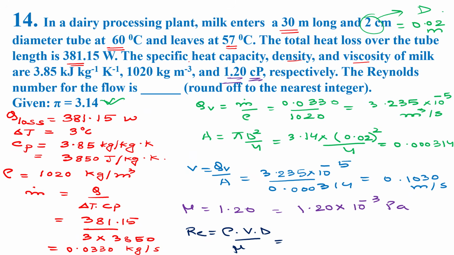V we have calculated, that is 0.1030. D we know is 0.02, and mu is 1.20 × 10^-3. So we'll get a value of approximately 1751.6, or approximately 1752. So my answer will be 1752.